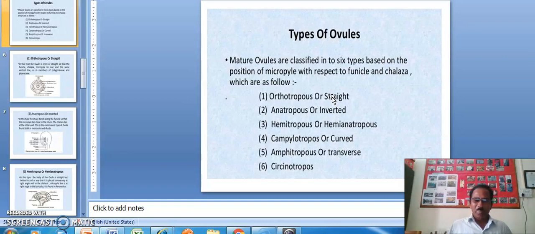Third type, hemitropous ovule or hemianatropous ovule. Fourth type, campylotropous or curved ovule. Fifth type, amphitropous or transverse ovule. Sixth type, cercinotropous ovule. These are the main 6 types of ovules.